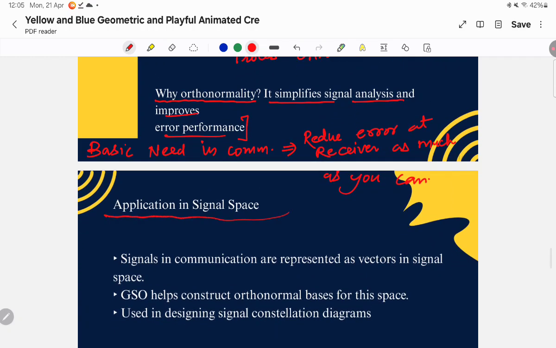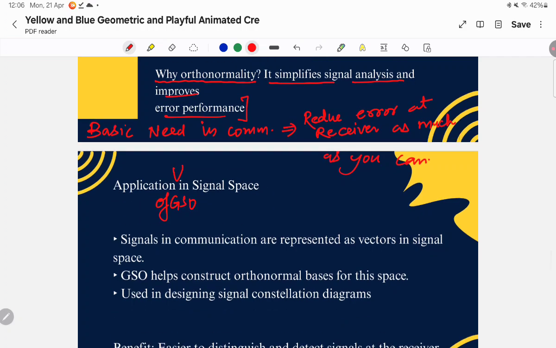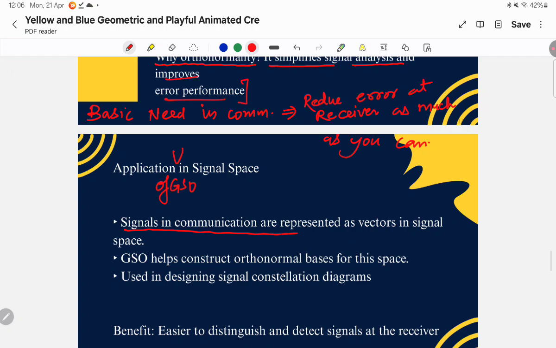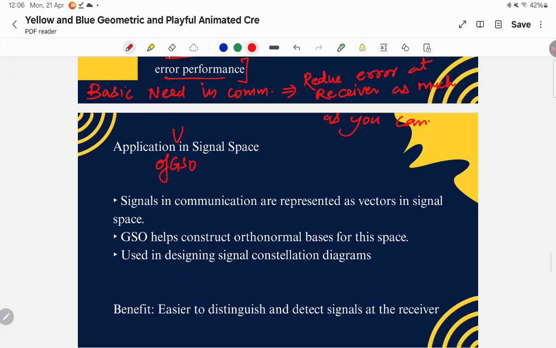Now, what is the application of GSO in signal space? Signals in communication are represented as vectors in signal space, right? So we do not write signals as they are.